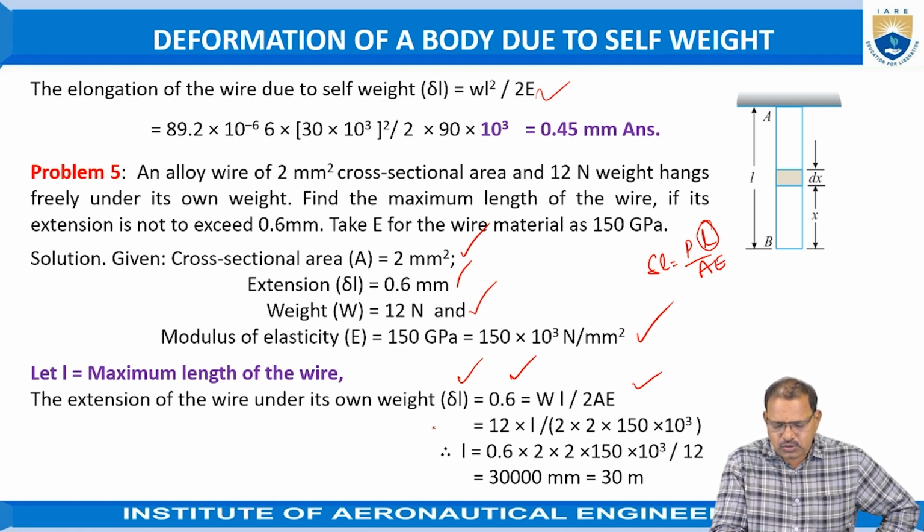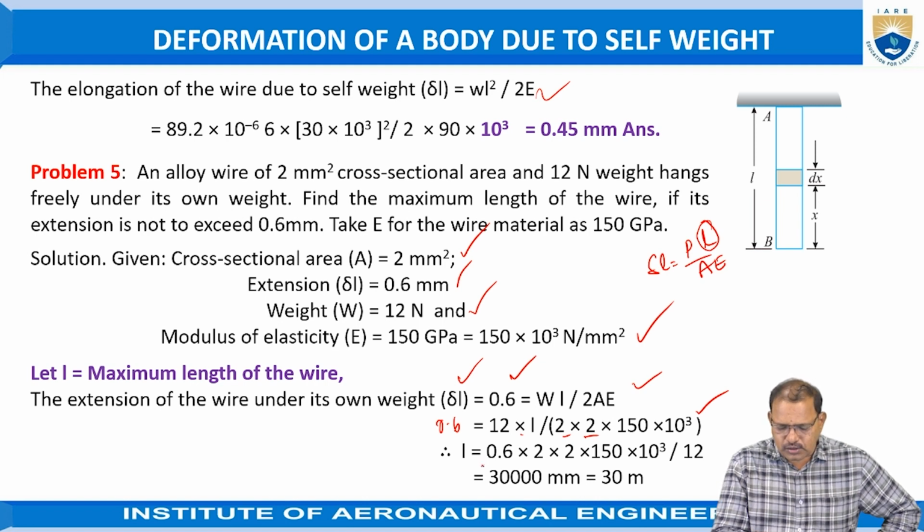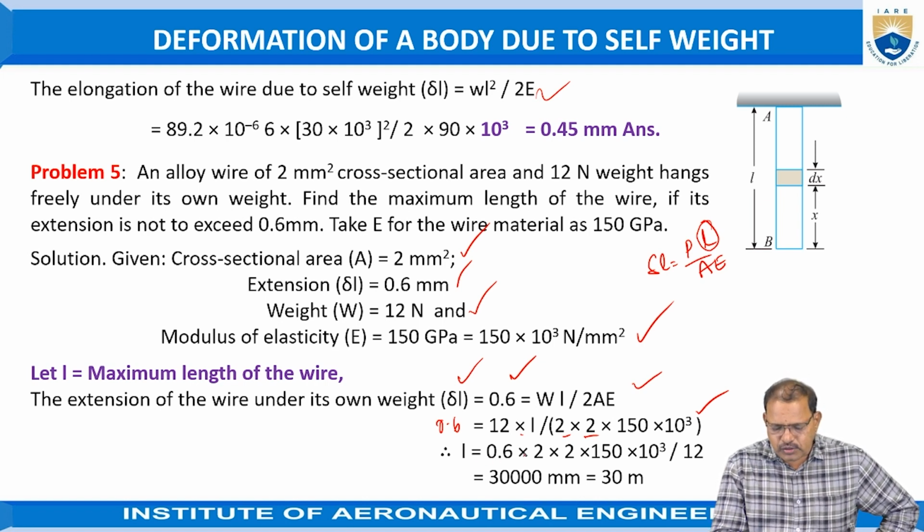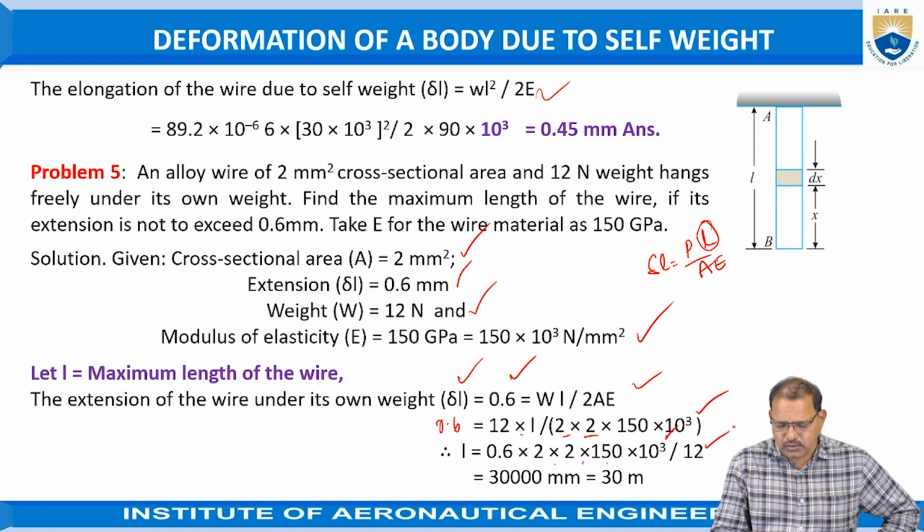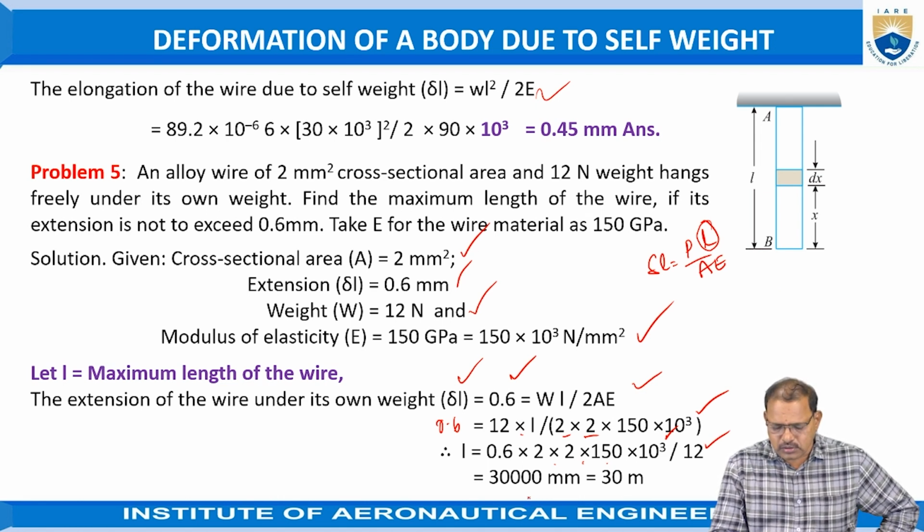So 0.6 is equal to 12 into L divided by 2 into area of the cross section, 2, into 150 into 10 to the power 3. Which gives L is equal to 0.6 into 2 into 2 into 150 into 10 to the power 3 divided by 12. From this relation we got 30,000 mm, which is equal to 30 meters.